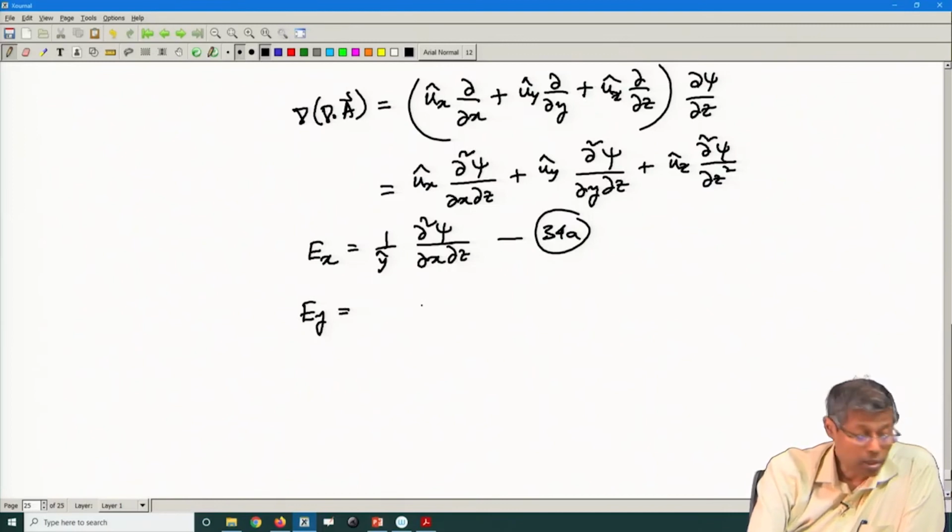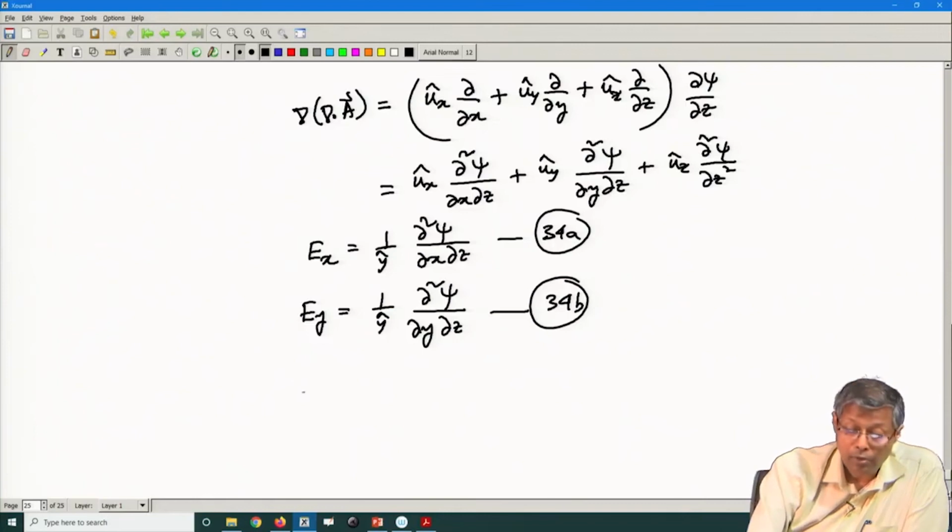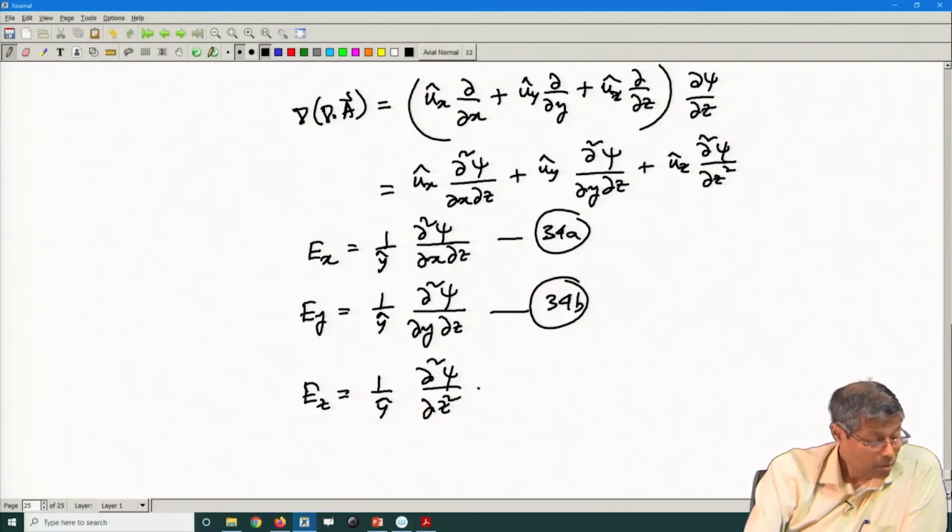We get E y as 1 by y cap del square psi del y del z, we call this as 34b, and we get E z as 1 by y cap del square psi del z square minus z cap psi.